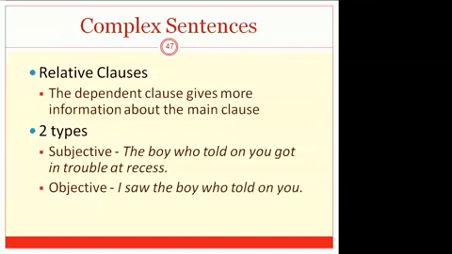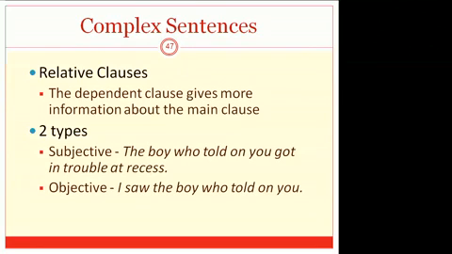There are two types of relative clauses: subjective relative clauses and objective relative clauses. A subjective relative clause would be this example: the boy who told on you got in trouble at recess. Objective relative clauses, an example of that would be, I saw the boy who told on you.